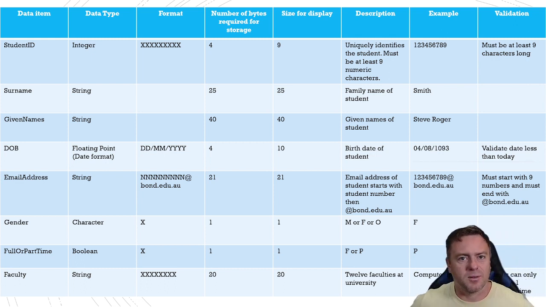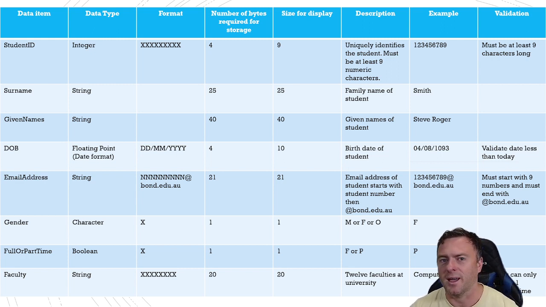The date of birth using the date format was pretty much the same. So validation was that it had to be 9 characters long, the date must be less than today's date, the email must start with 9 numbers and must end with @bond.edu.au, and students can only enroll in one faculty at a time. So hopefully that gives you some ideas of how to build your own data dictionaries.